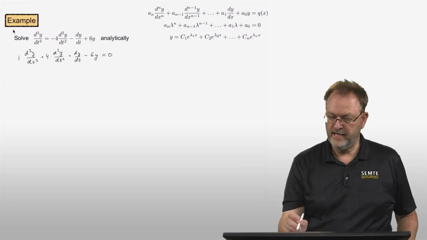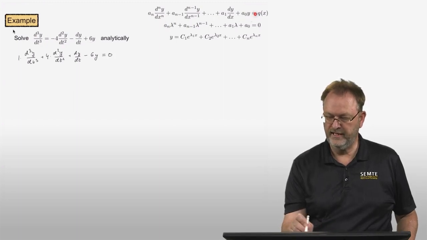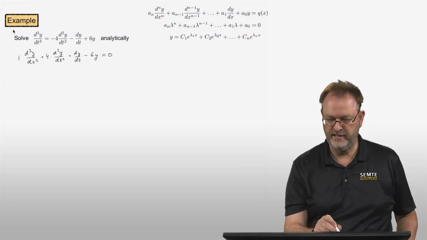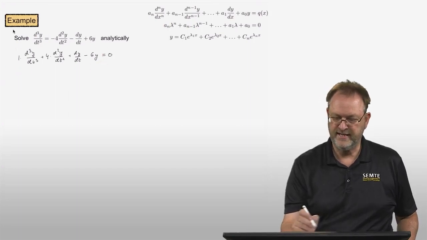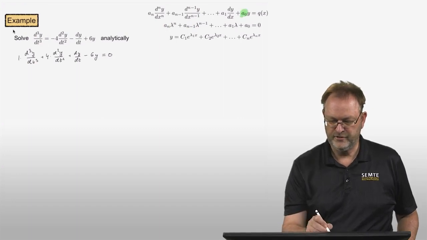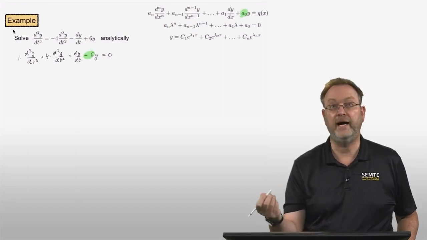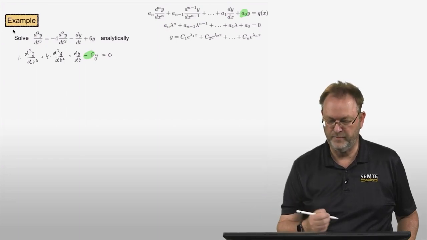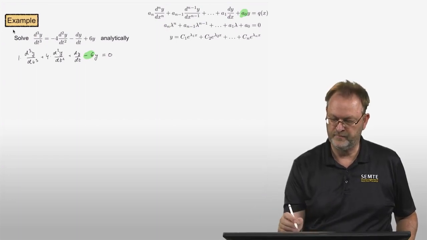And so now this ODE, from the general solution procedure, is the form that we have over here. So let's identify some terms. The a0 here is the term that multiplies the y, the dependent variable, so that would be negative 6.